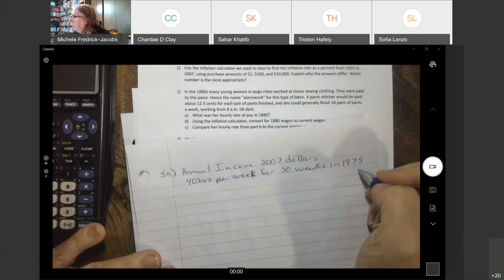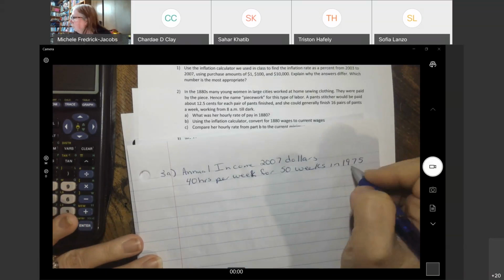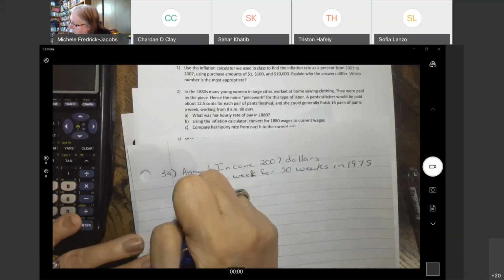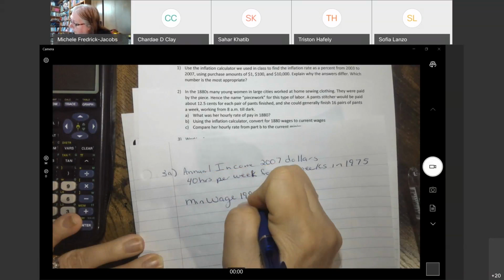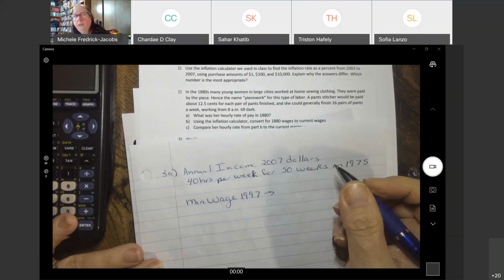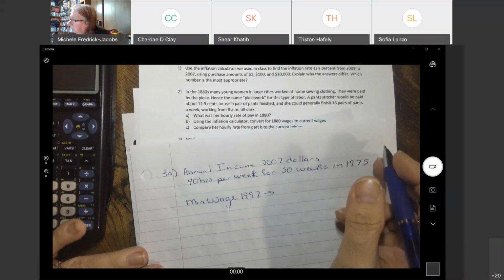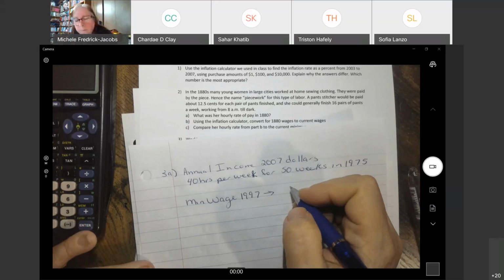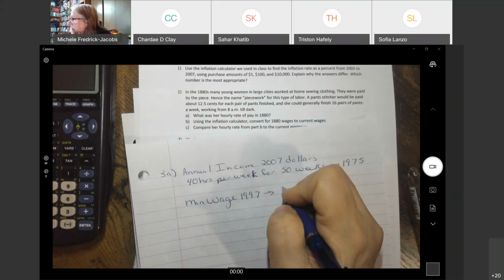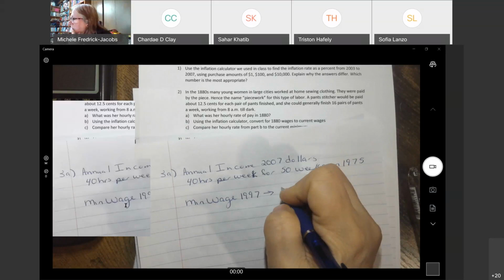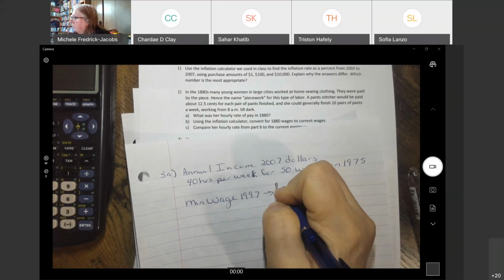So what is the minimum wage in 1975? So use the history of... I looked on the link that you sent us with all the minimum wages and all that, and I found $2.10 on January 1st, 1975.